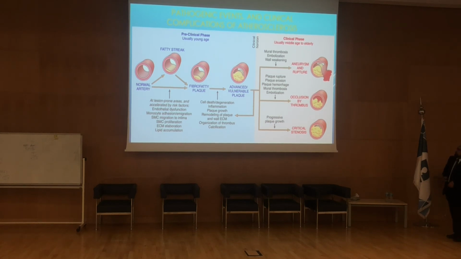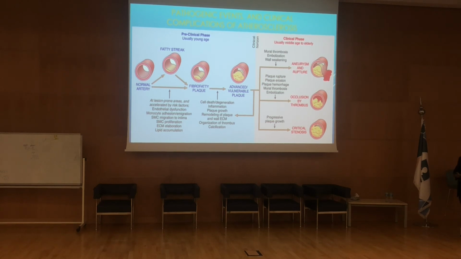So we have almost discussed this before. It's a normal looking artery, and then it changes into a fatty streak. This whole thing we have discussed already. Then it changes into a fibrofatty plaque, this one, and finally it's an advanced vulnerable plaque. It has almost occupied 70% of the coronary artery lumen. If 70% is occluded, the patient may develop angina, which is called stable angina, because there is still space here.